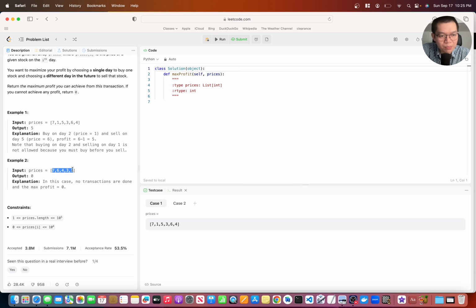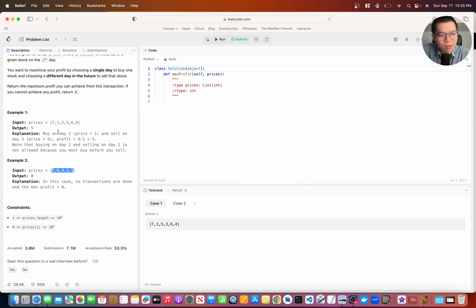You can solve this in a myriad of ways, but I'm going to demonstrate the 2-pointer approach. It's actually the tortoise and the hare approach. You have a right pointer that just keeps trudging along, and you have a left pointer that is always pointing to the minimum of the stocks.